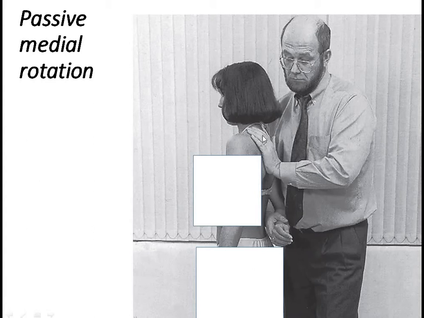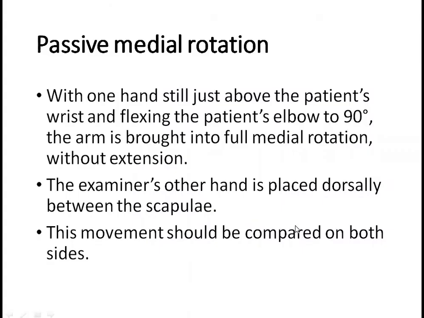With his other hand in the middle between the two scapulae, through the body, through the abdomen, the examiner will try to avoid extension of this elbow joint, the shoulder joint, and hence there will be no posterior movement of this elbow, and he will just check this internal rotation of the shoulder.